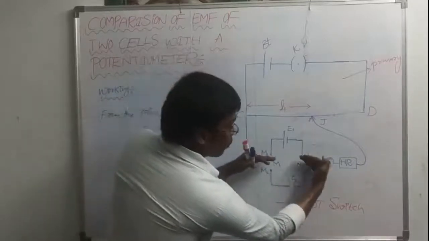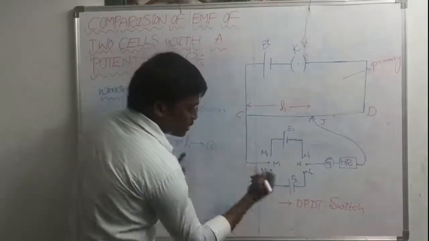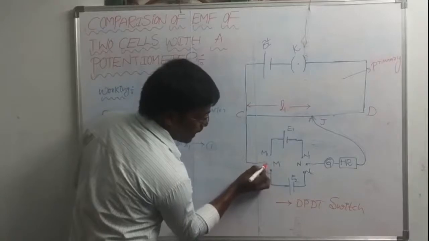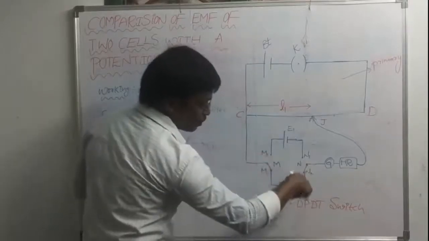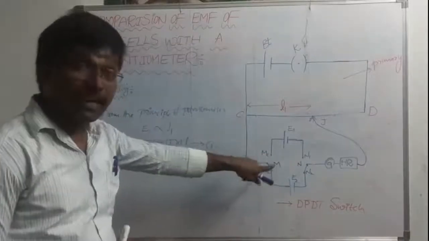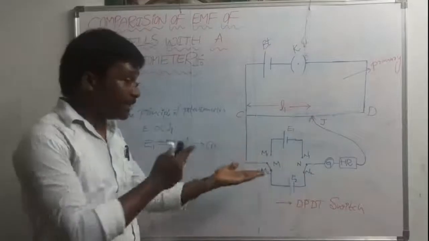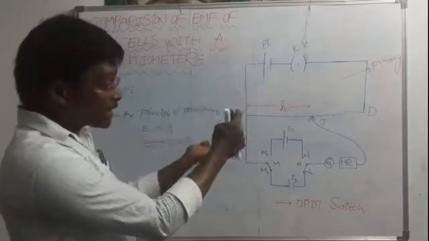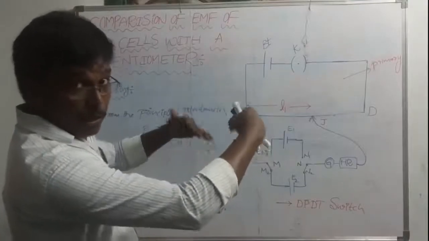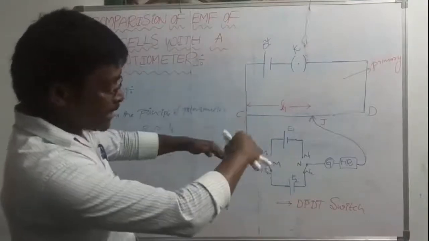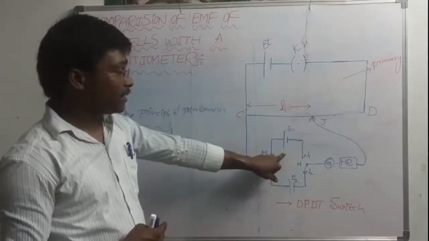Whenever you press downside, these two ends will move down. This time, which cell is connected in the secondary circuit? The second cell. The first time the DPDT switch was pressed to the top, so it was connected to the first cell. The second time it is pressed down, towards the second cell, so it is connected to the second cell. Now the second cell is connected with the secondary circuit.